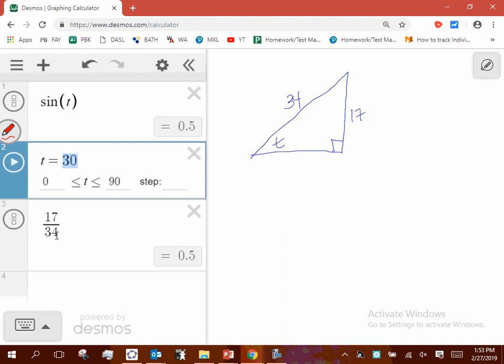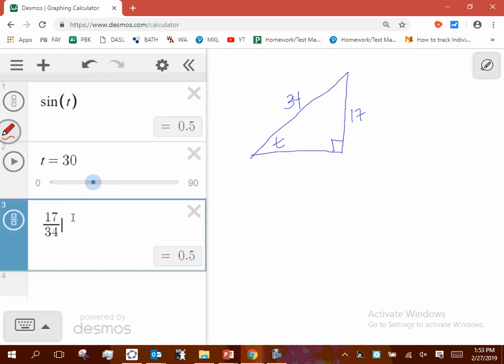Because it knows that no matter what, if I have an opposite side divided by a hypotenuse and it divides out to be 0.5, because of similar triangles, it has to be attached to a 30-degree angle, okay? So it knows to spit back that 30. I'll explain maybe, if we have time, how that calculator is programmed to do that.